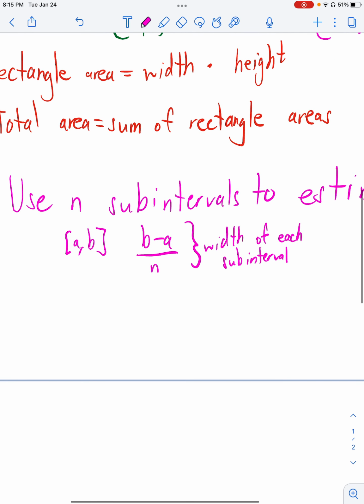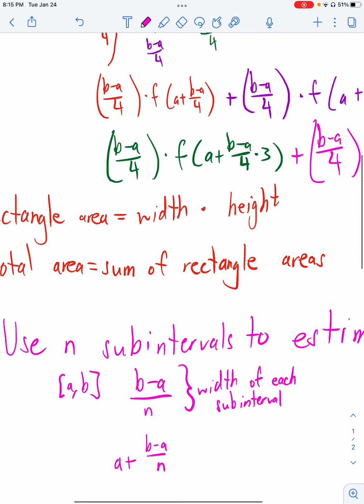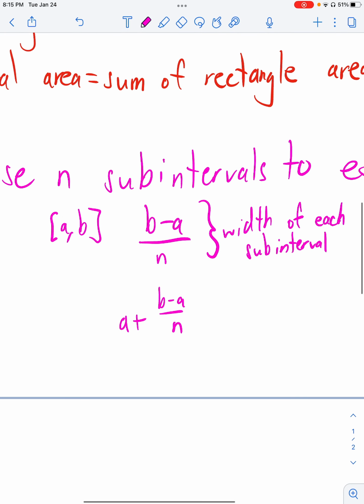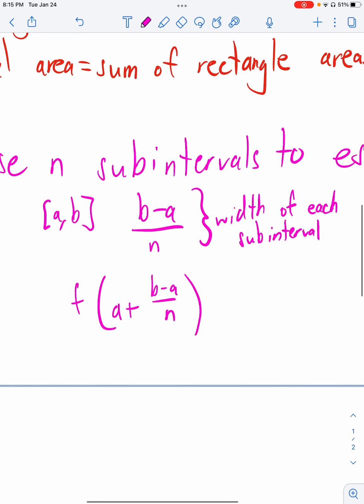Likewise, the right endpoint of that first subinterval is going to be a plus (b minus a)/n, just like we saw up here with 4. Now it's just n, okay? The height of that first rectangle is going to be the function evaluated at that x value. The height of the second rectangle is going to be (b minus a)/n times 2 plugged into f. The height of that third rectangle is going to be times 3.